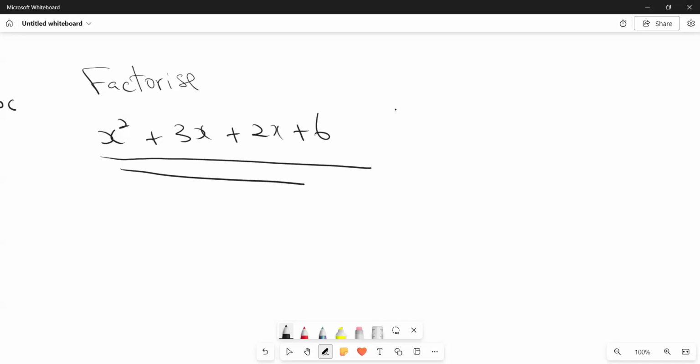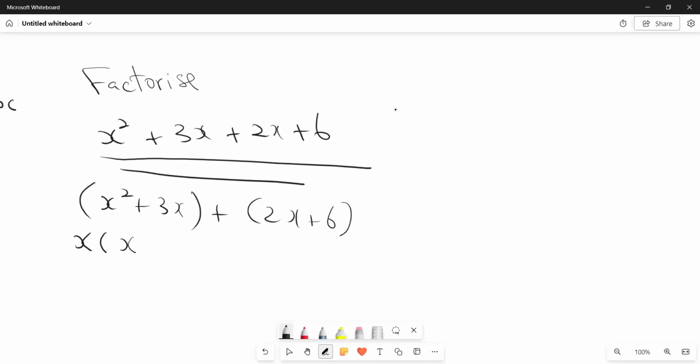You take 2 at a time. So you take x squared plus 3x, plus, and you take 2x plus 6. And you factorize them separately. So x is common here. Somebody is asking whether you have to divide. Yes.